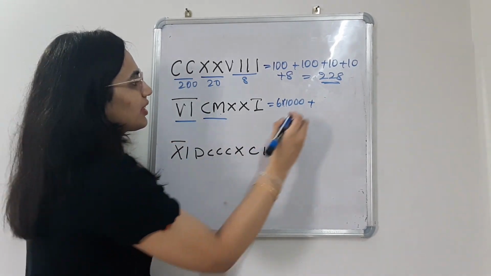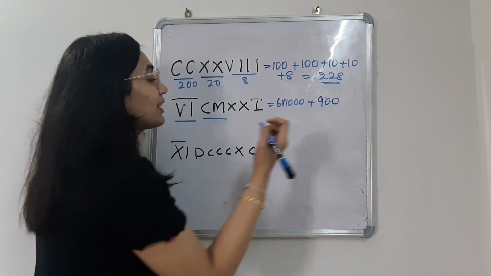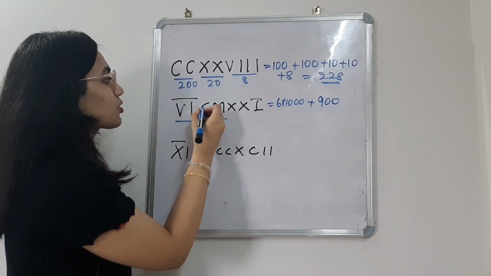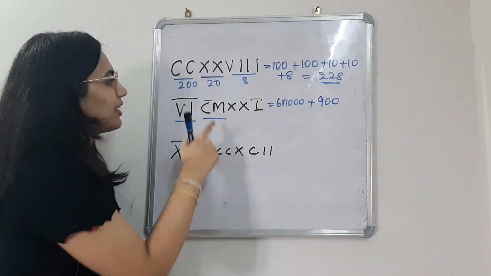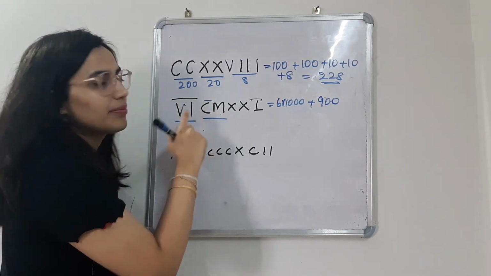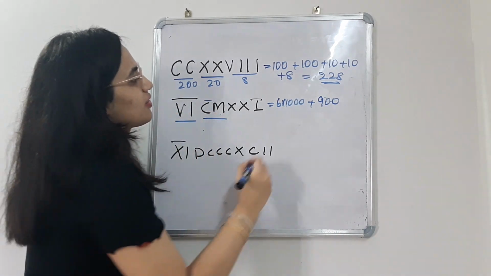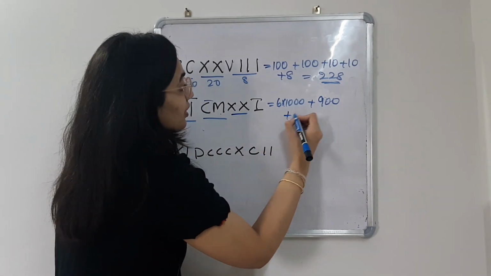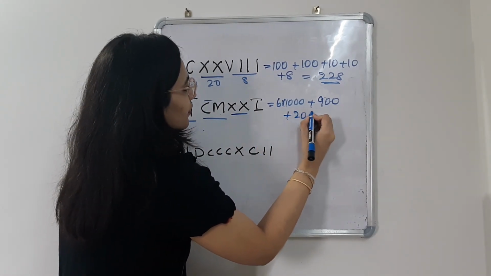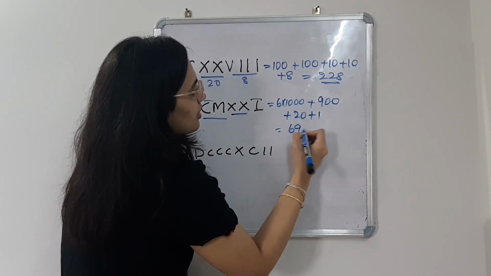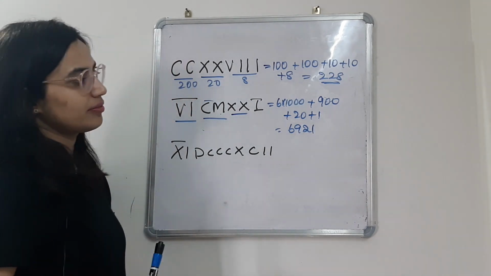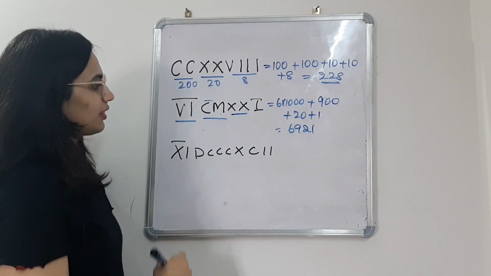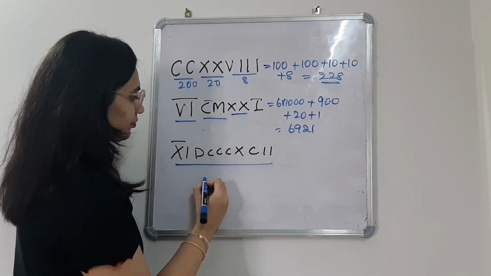So this is nothing but 900. And the second rule is, in between these two, a smaller value is placed, then also we'll be subtracting this from this. Right? So that is one. And what is this? 20. So it is 6921. Correct?